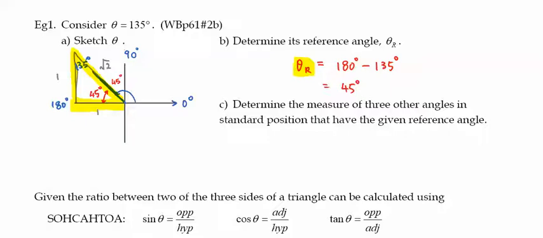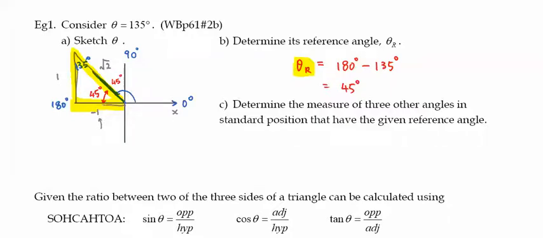Now of course, some of you may find it a little bit confusing with a positive 1 on this side. In fact, this line will now be a negative 1 if you consider this line on the x-axis.